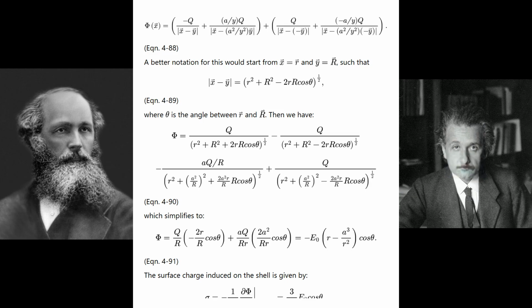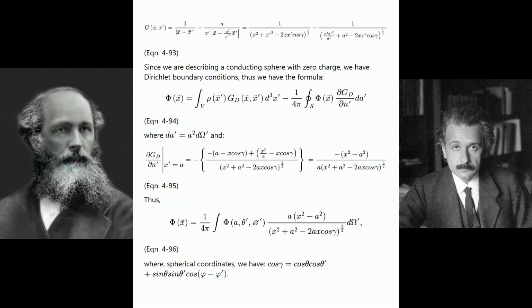Green's function for space with conducting sphere. Let's consider the Green's function for when there is a conducting sphere as described previously. Now we see this is like a Green's function due to a single point charge, now including one with an image charge, equation 4-93.